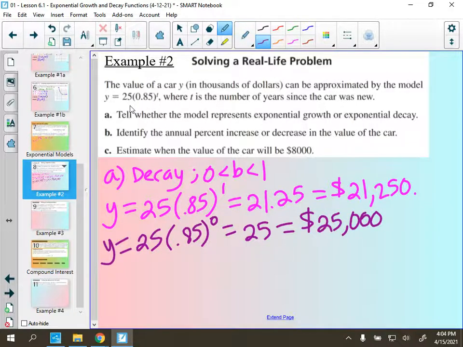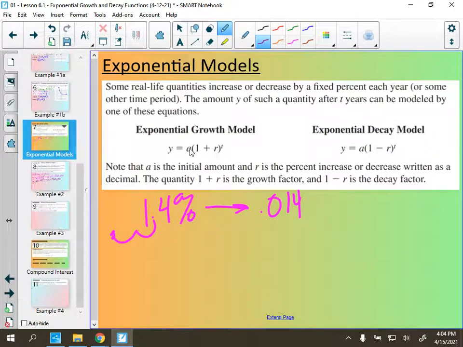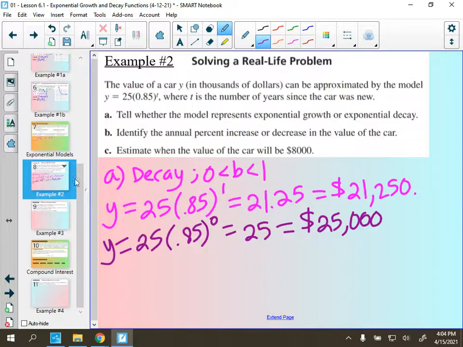So when I see the model, it's important to see what this 25 out front is. Remember, we said a second ago that a is your initial amount or initial value. So when I see 25 there, that means when I bought the car brand new, it was worth $25,000 after 0 years.